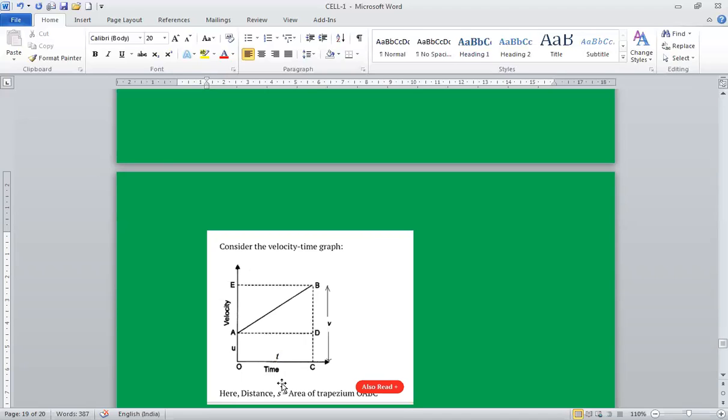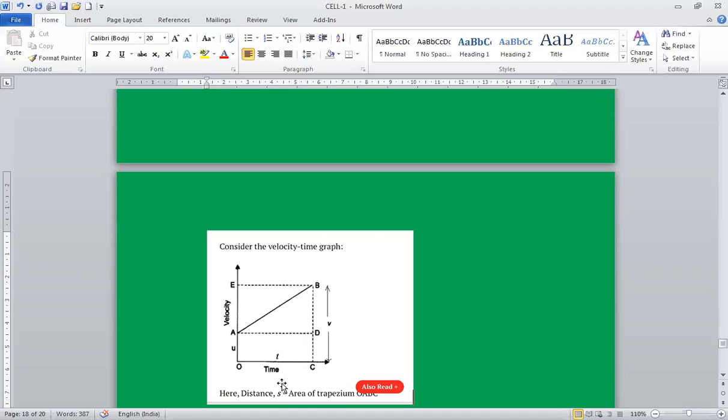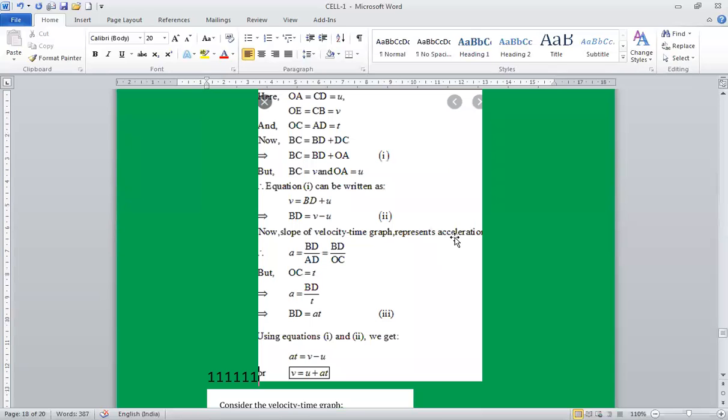The equation can be written as V is equal to U plus AT.